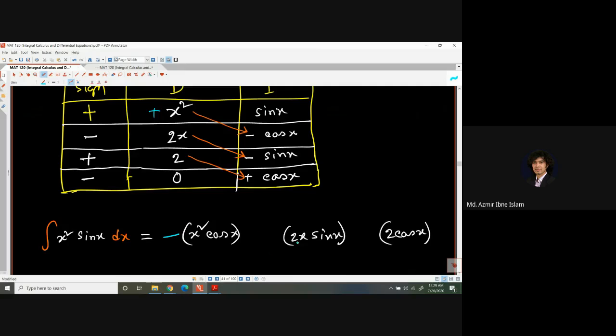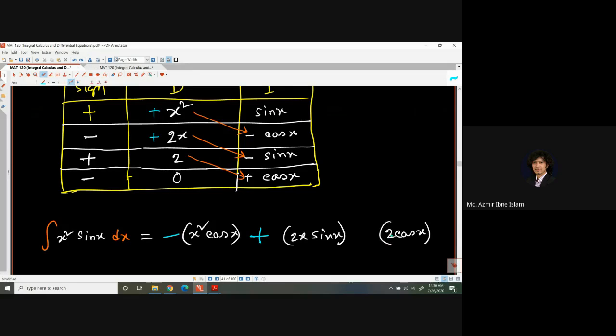For the second term, 2x sine x, you can see here we have a negative. So negative, positive, and automatically 2x with positive. Negative, positive, negative, negative, negative, positive. That is how we can find this one also.